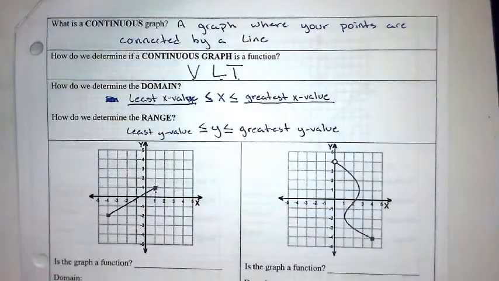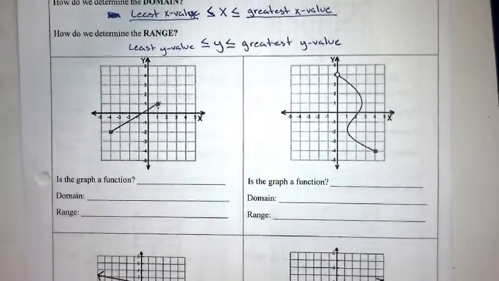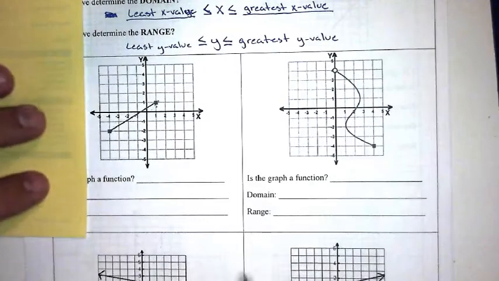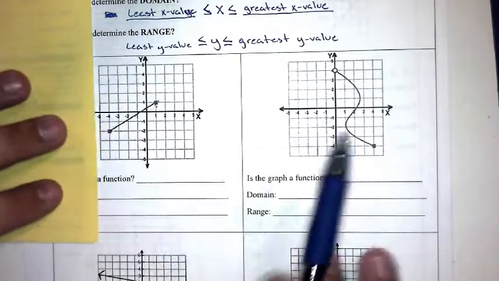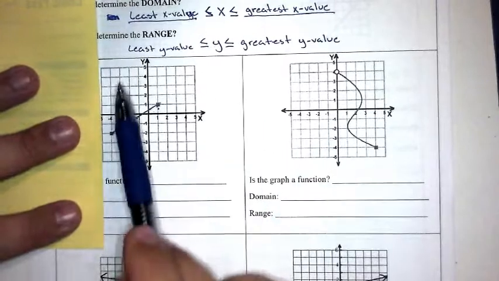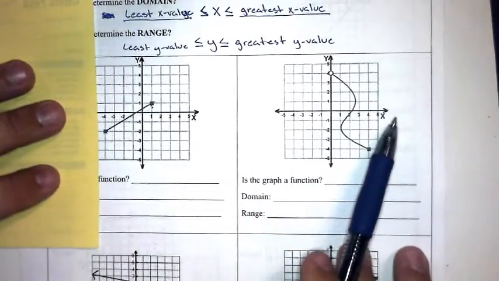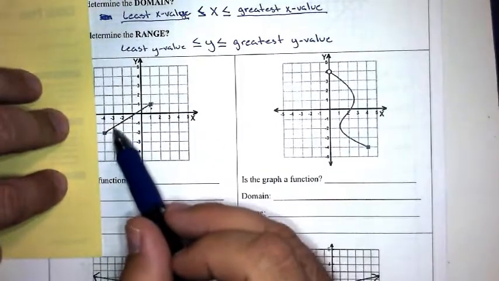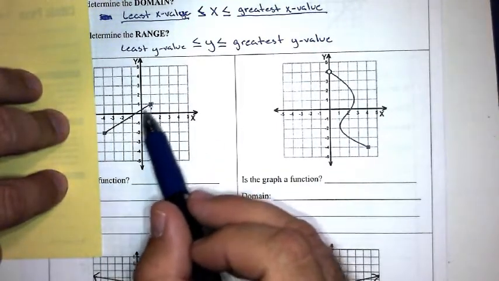First and foremost, identify if this is a function or not. We use the vertical line test, which means I take a straight edge up and down and I just move it from left to right. And I ask myself, does the line of the graph go through the edge more than one time?